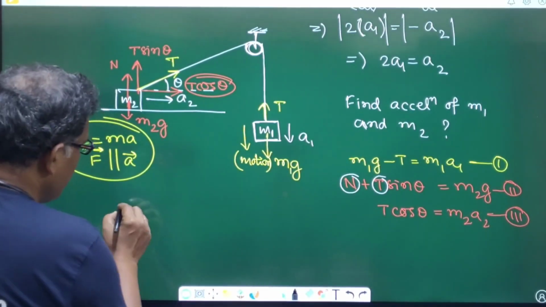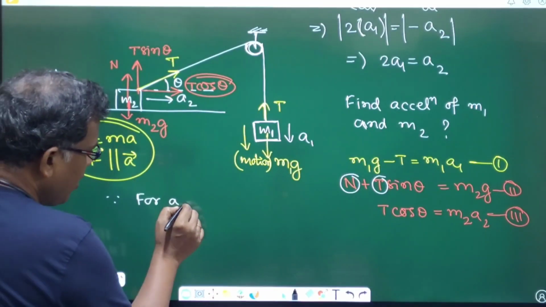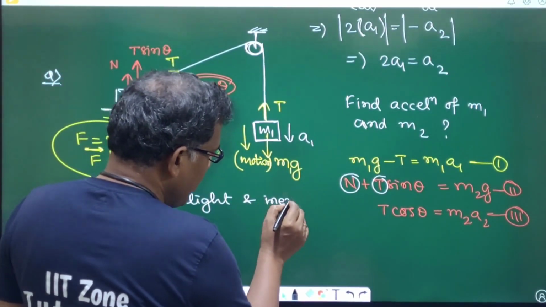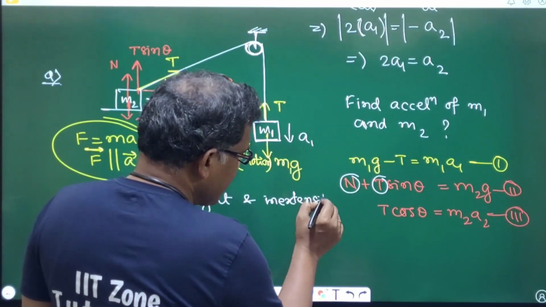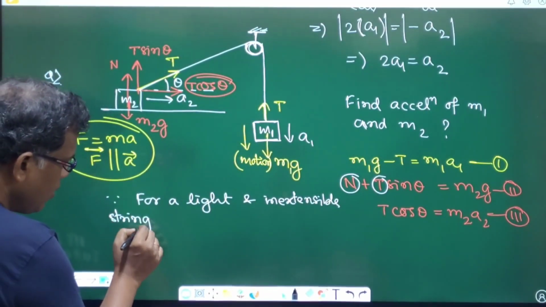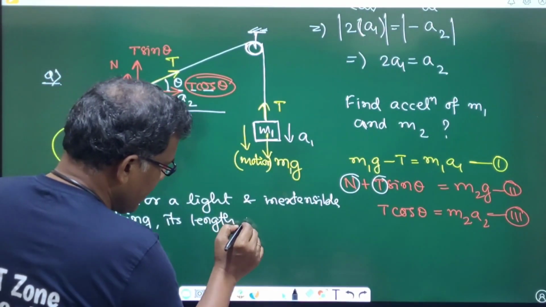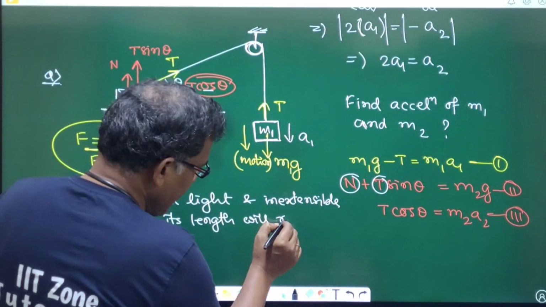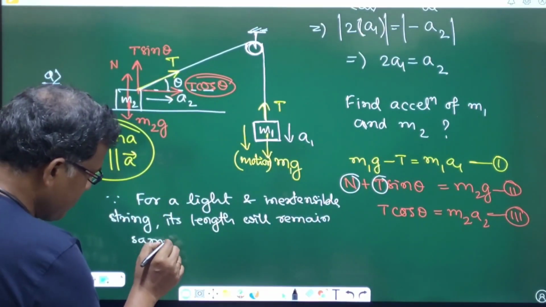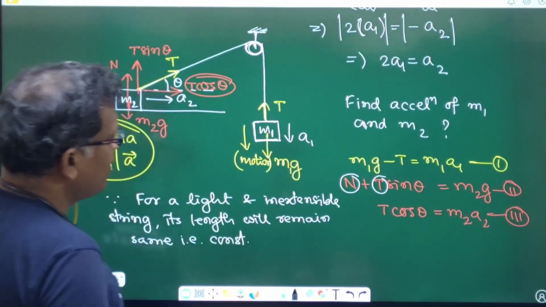So again, we will use the same concept that for a light and inextensible string, its length will remain constant, right?